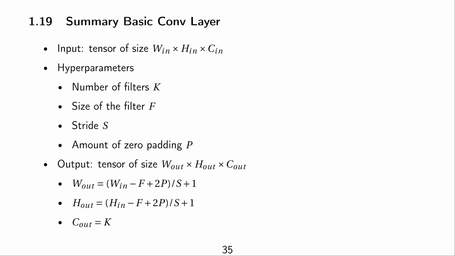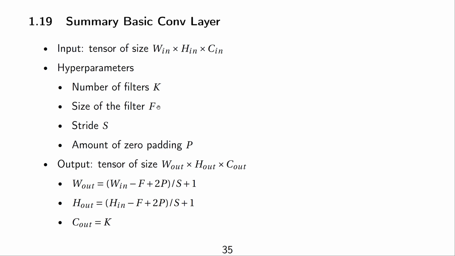Let's summarize the basic convolutional layer. We have an input tensor of size width times height times number of channels, and I use this subscript in to denote that this is the width, height, and number of channels of the input tensor. The hyperparameters are the number of filters k, the size of the filter f.